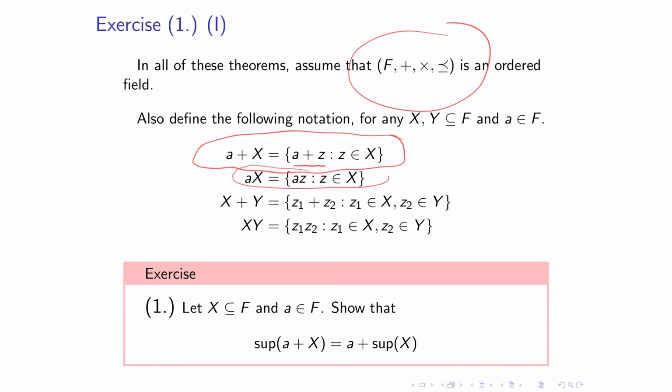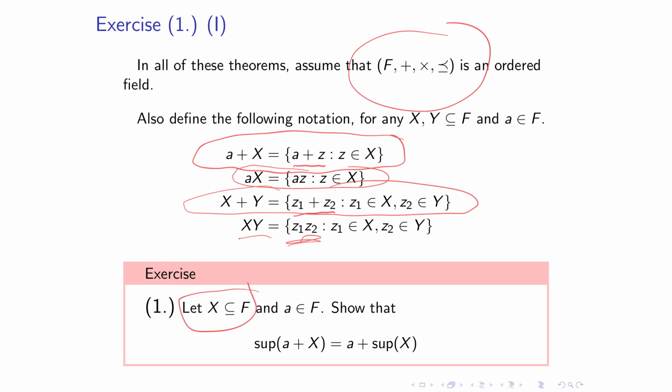And aX is A times every element of X, and so on. X plus Y: if X and Y are two sets, then we form the set of all sums between X and Y, and XY is the set of all products. I think that notation is fairly clear, so let's go on to the exercises.